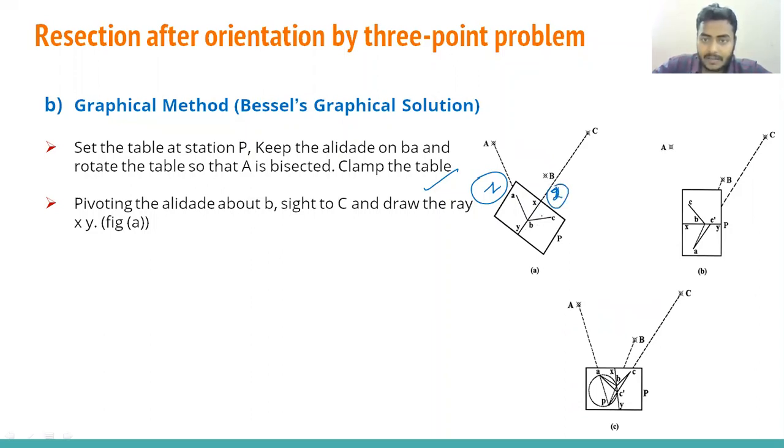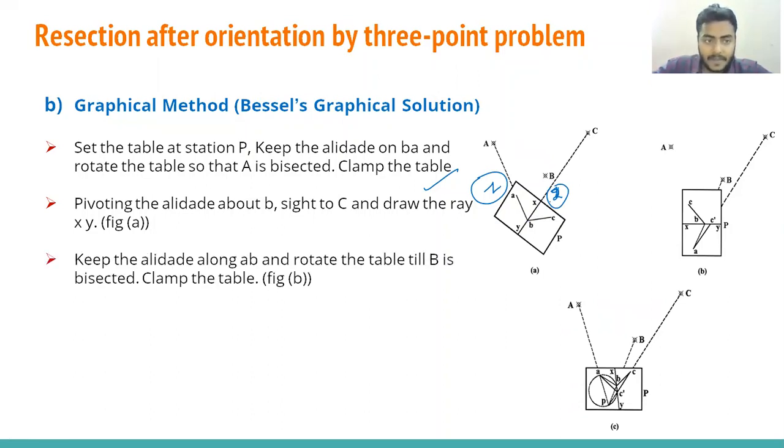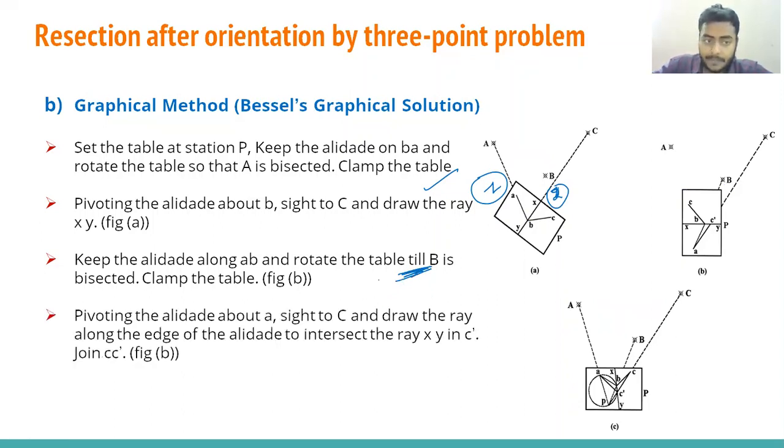Once it is done, go for figure B. Keep the alidade along AB and sight B. Once it is done, clamp the table. Then keep the alidade about A and sight C. Draw the ray along the edge of the alidade, intersecting XY at the C point.